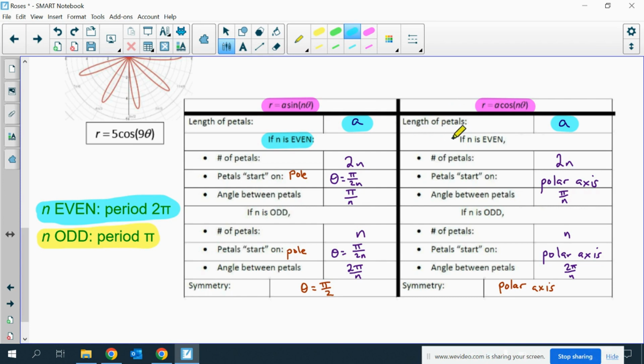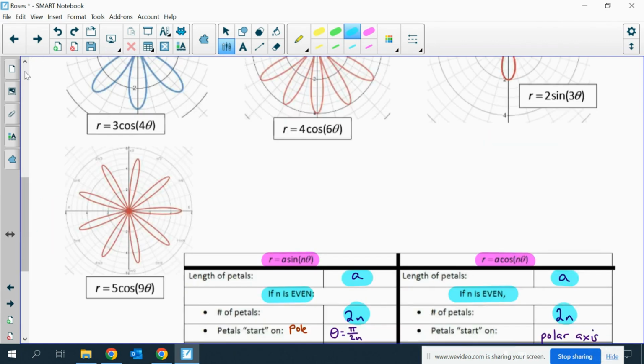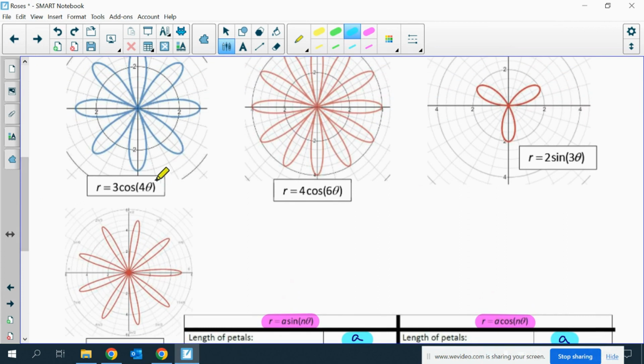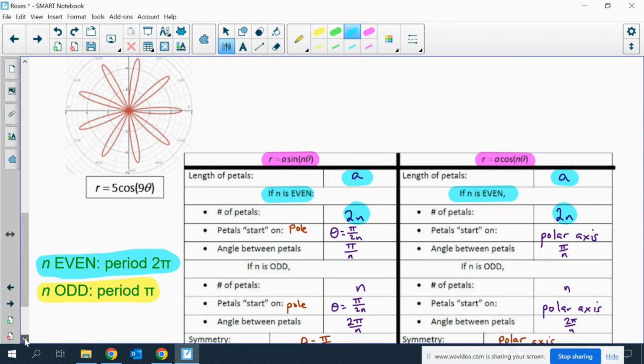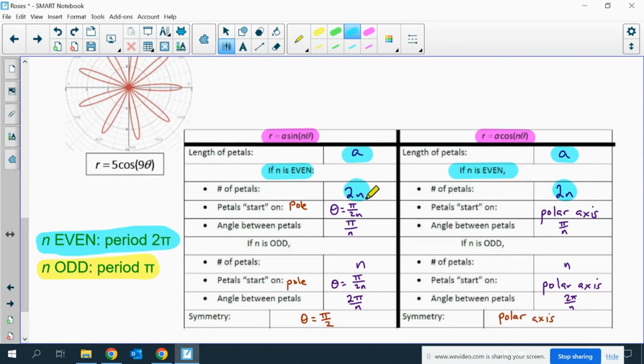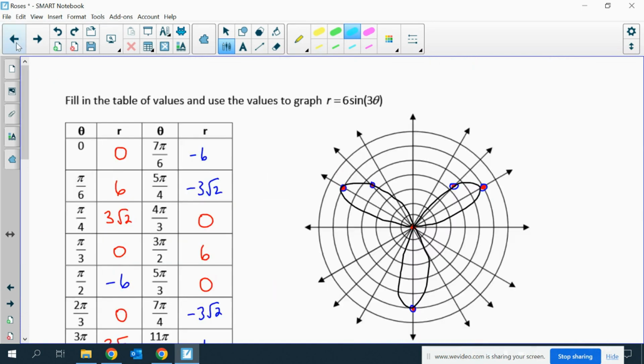If n was even, we had 2n petals. So for example, in this case, 4 theta, 8 petals. That happened in all of these cases when n was even. The angle between the petals was pi over n.